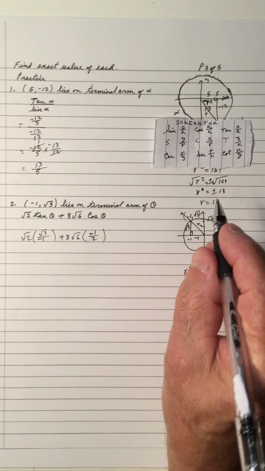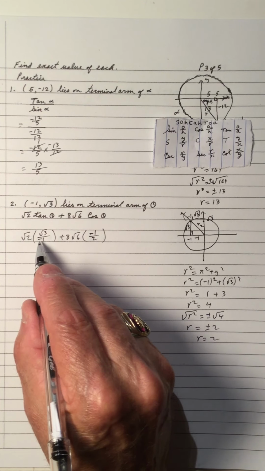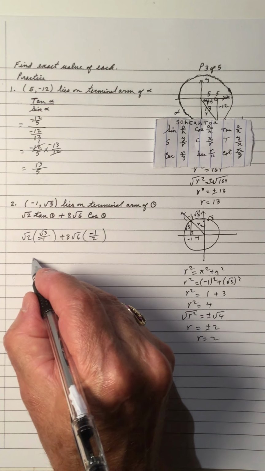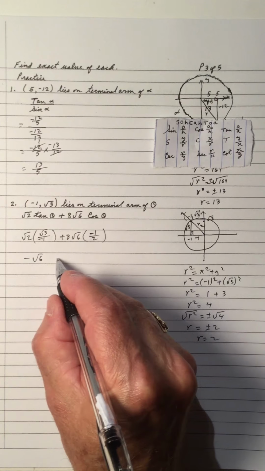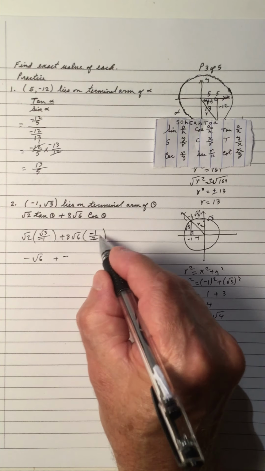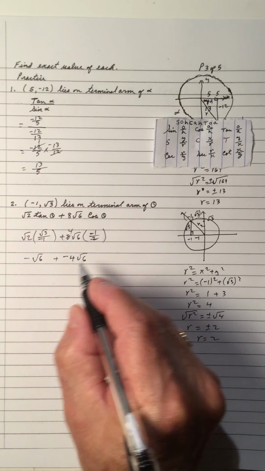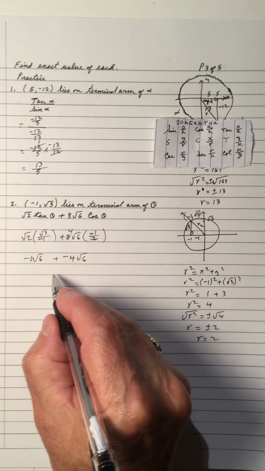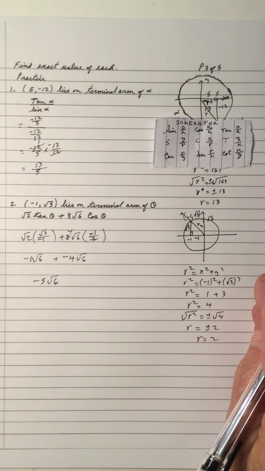So we have put the values in. And so we can't cancel here, so root 2 times root 3 is root 6, and it is negative. And this is going to be a negative. 2 cancels into 8, 4, so that's a negative 4 root 6. And a negative 1 root 6 and a negative 4 root 6 is a negative 5 root 6. Fully simplified.